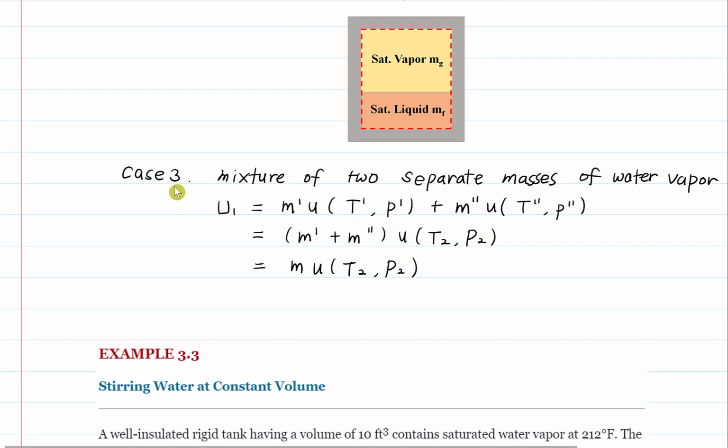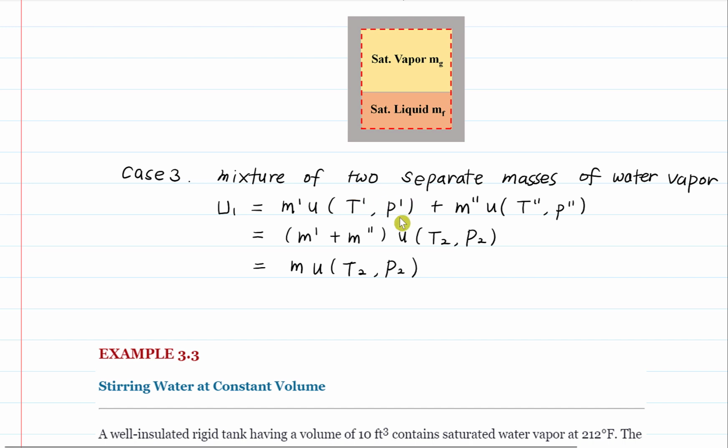The third case, the mixture of two separate masses of water vapor. The prime symbols and double prime symbols indicate two separate regions. Initially, they were at different mass, different temperature, and different pressure.